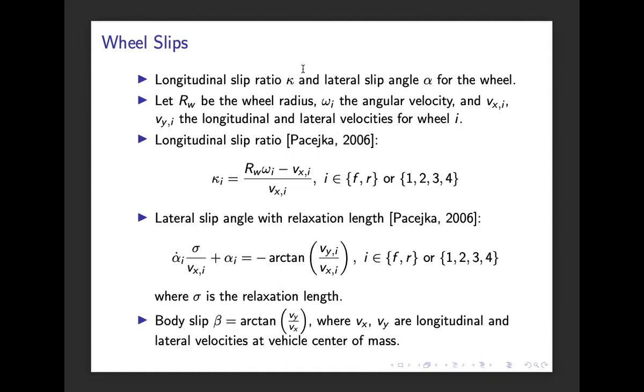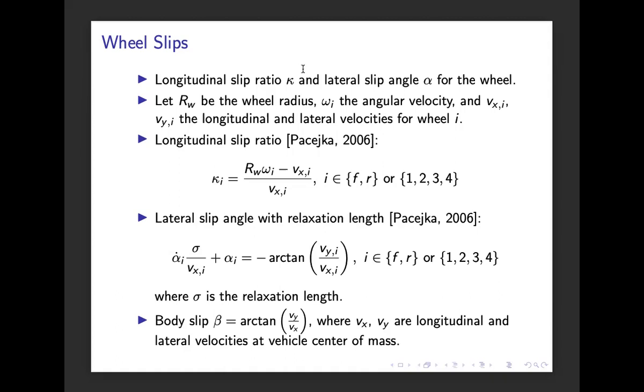And then we also have the lateral slip angle. If we, to start with, just exclude this part here, this can be defined by geometrical considerations. But it turns out that in practice, there is a certain time before the full slip angle develops. So we can view this relation as a kind of low pass filter with a time constant that is determined by this coefficient here. And this value, sigma, is called the relaxation length.